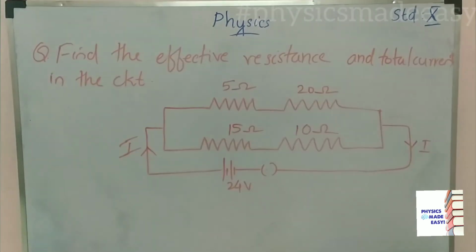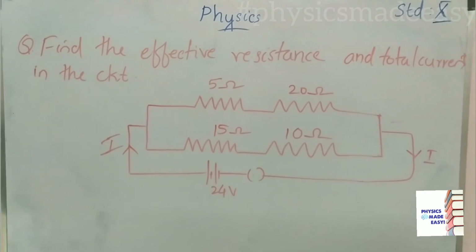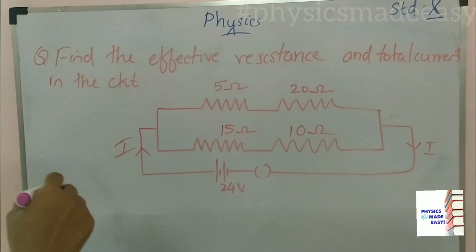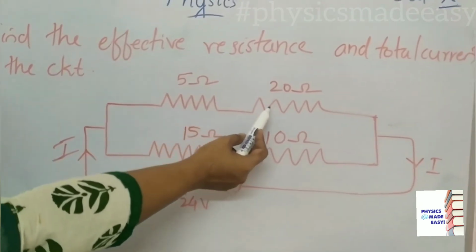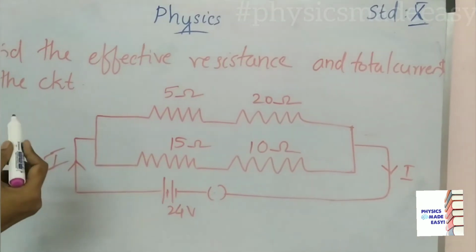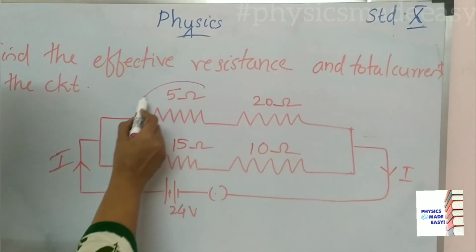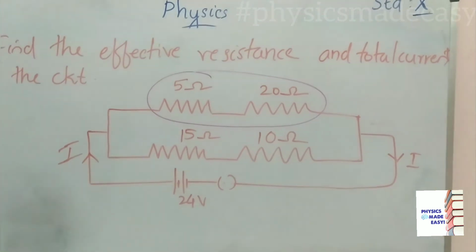One circuit is given here. You have to find the effective resistance and total current in this circuit. Here you can see 5 ohm resistance and 20 ohm resistance are both connected in series. So how can we replace that?